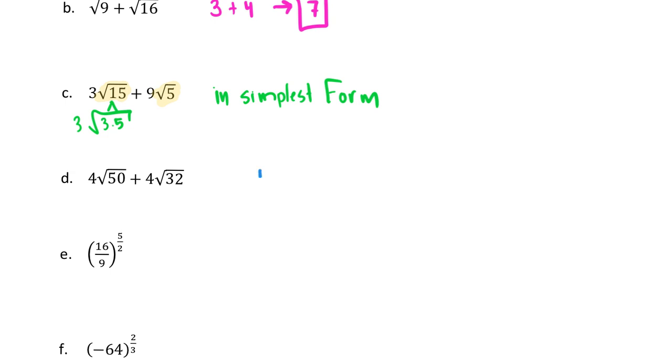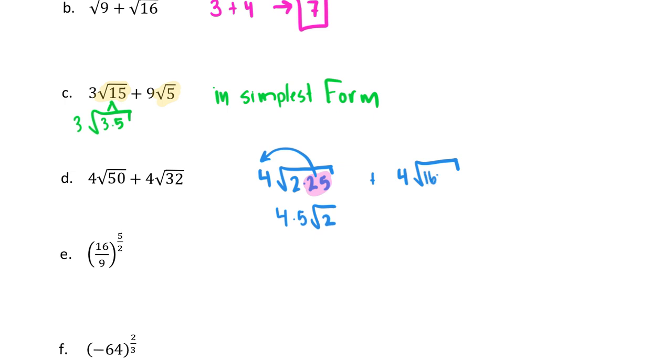So I could rewrite 50 as 2 times 25. And 25 has a perfect square. So I would go 4 times 5 square roots of 2, because I can pull that 25 out of the radical by taking the square root of it. And then my other one is 4 square roots of 32.